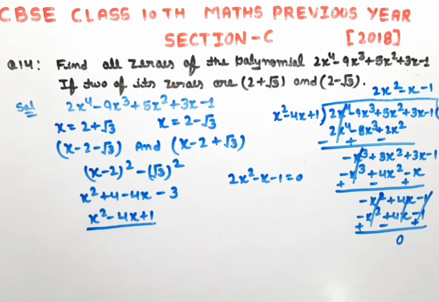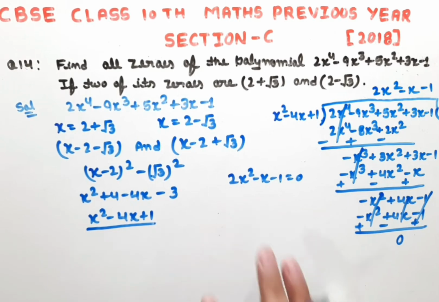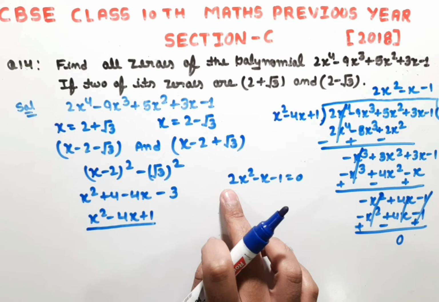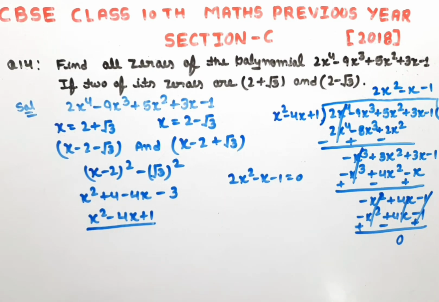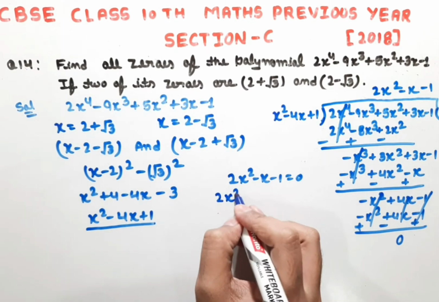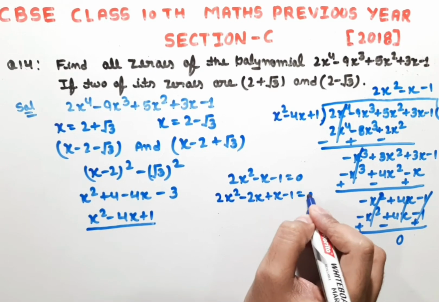From this quotient we will find our other two zeros. The constant term is 1 and the coefficient of x square is 2. So we have to find factors of 2 such that their difference is 1. So 2 and 1. So 2x square minus 2x plus x minus 1 equals 0.